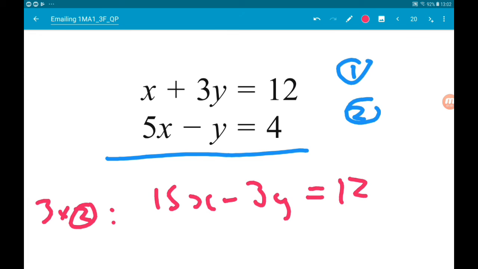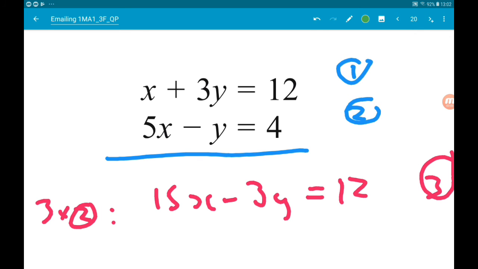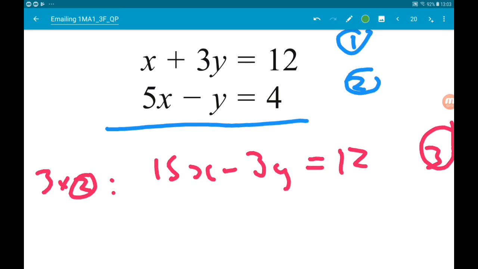Now we're going to call this equation 3. Now to cancel out y and minus 3y, we're going to add them together. 3y add minus 3y is 0. So now we're going to do 1 add 3.